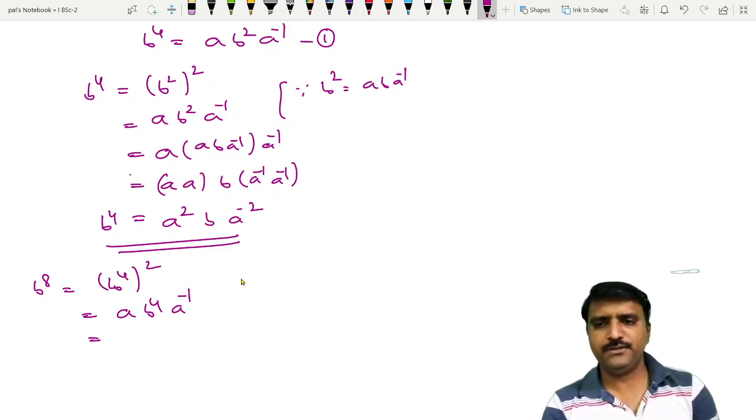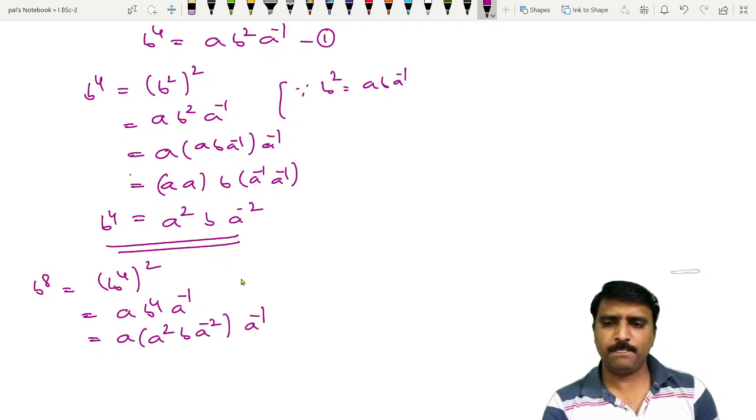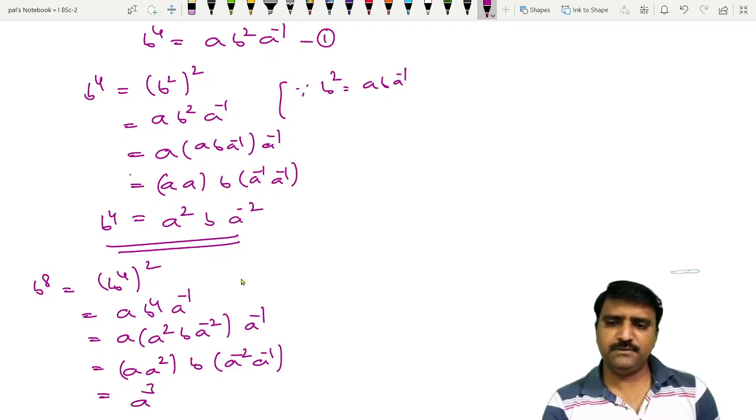It is a into a square b a to the power minus 2 into a inverse, which is equal to, again using the associative property here, a to the power 3 b into a to the power of minus 3. So this is b to the power of 8.